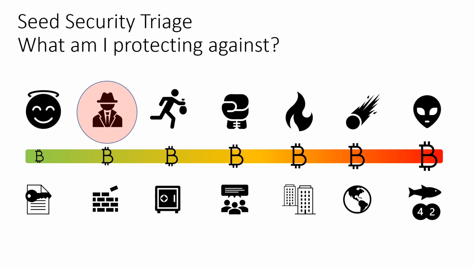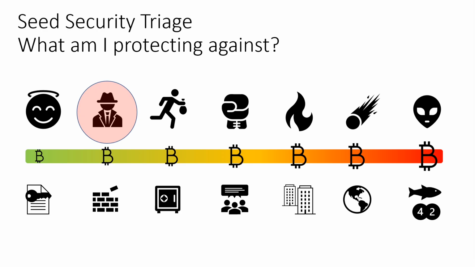Alright, so hopefully you've watched the previous video where we did an introduction to security, and we talked about what sort of threats you're protecting against and the cost of ownership for the security that you implement in your environment to protect your seeds and your stakes.